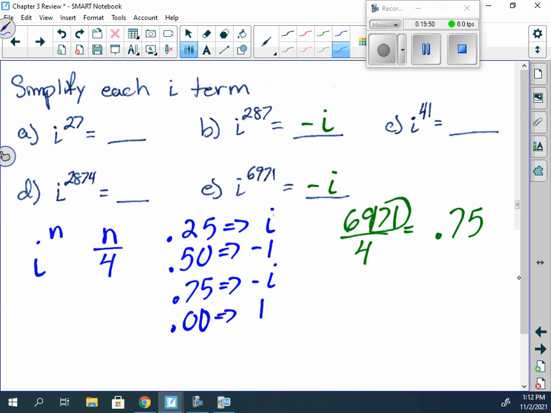But since it's cyclic in how they show up, for any power of n, if we divide that power by 4, 0.25 will be I. 0.50 will be negative 1. 0.75 will be negative I. And 0.00 will always work out to be 1.